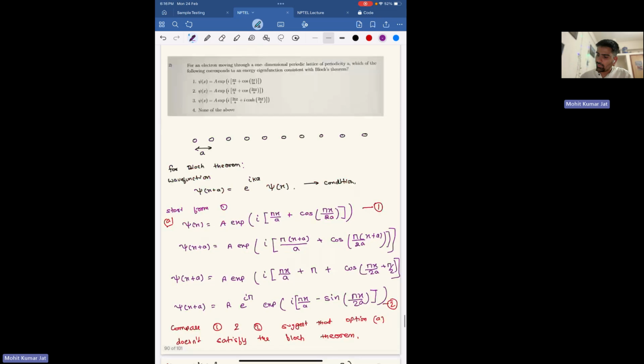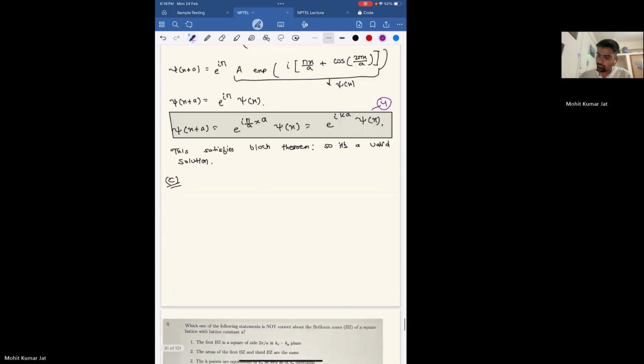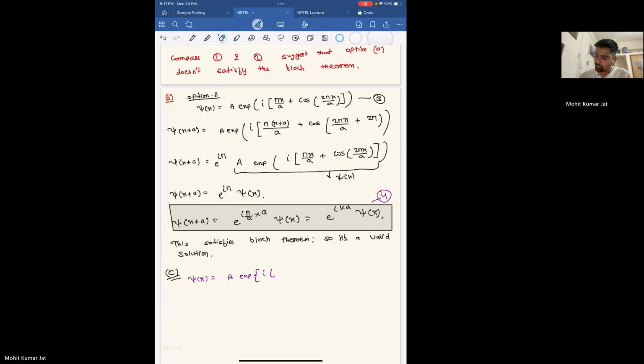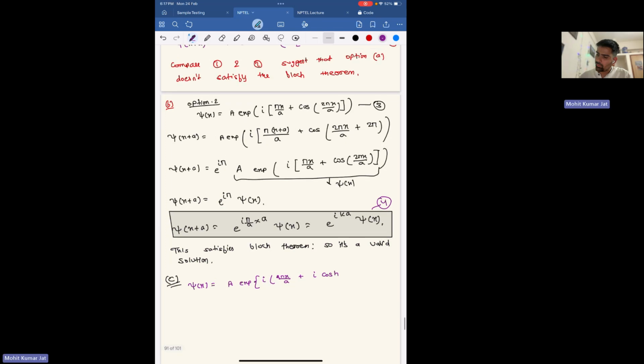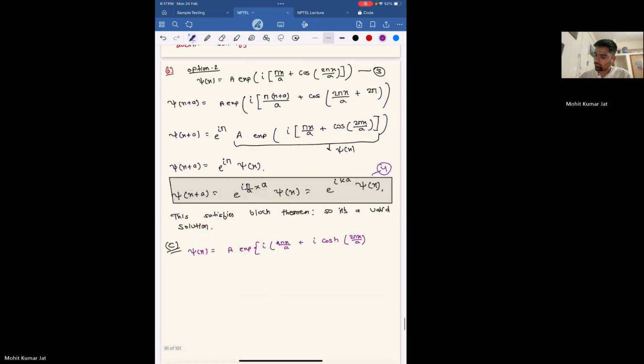Option number C, that is psi x equals a e to the power i 2 pi x by a, plus i cos hyperbolic 2 pi x by a, equation number 5.